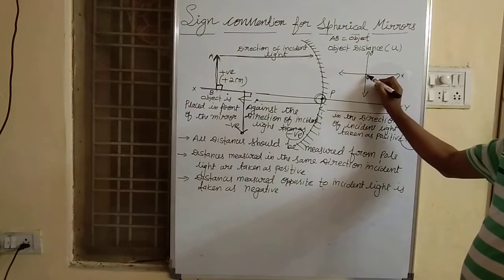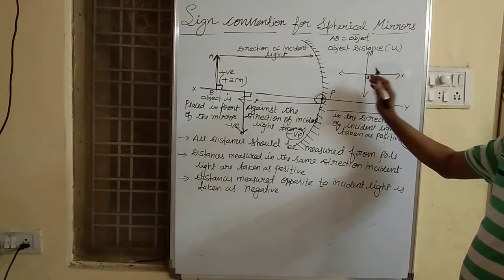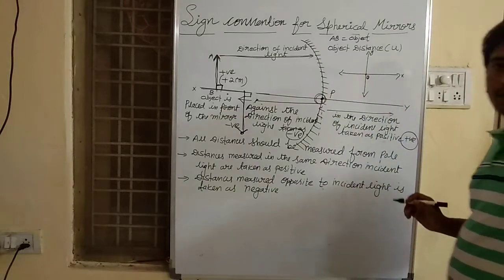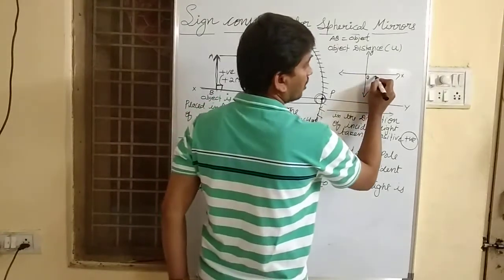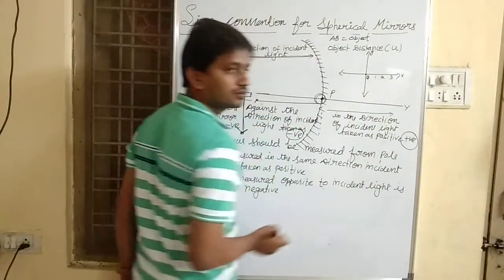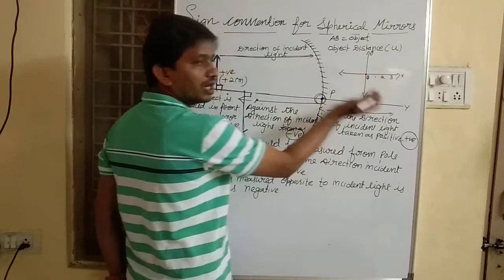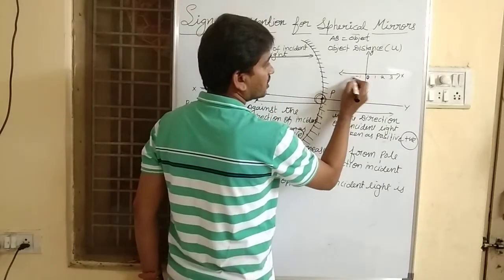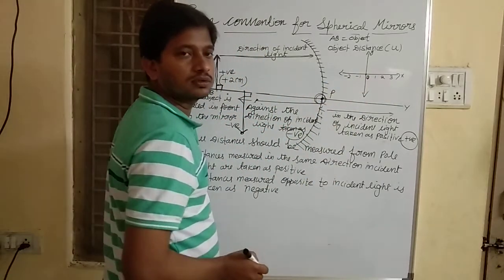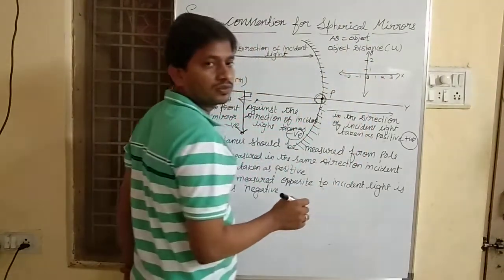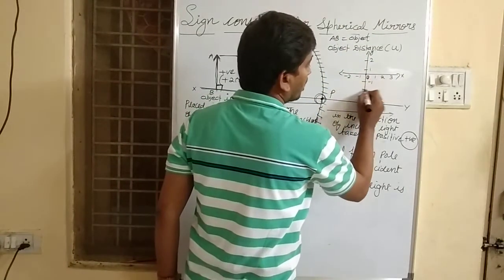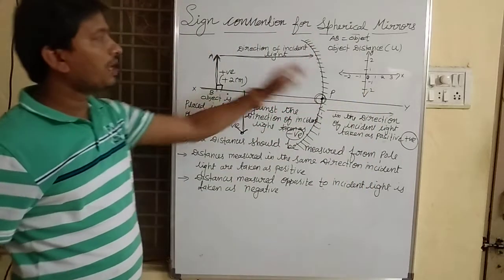When we move from 0 to the right hand side on the number line, we get positive numbers. When we move from 0 to the left hand side, we get negative numbers. When we go up, it is positive. When we come down, it is negative. The same thing applies here also.